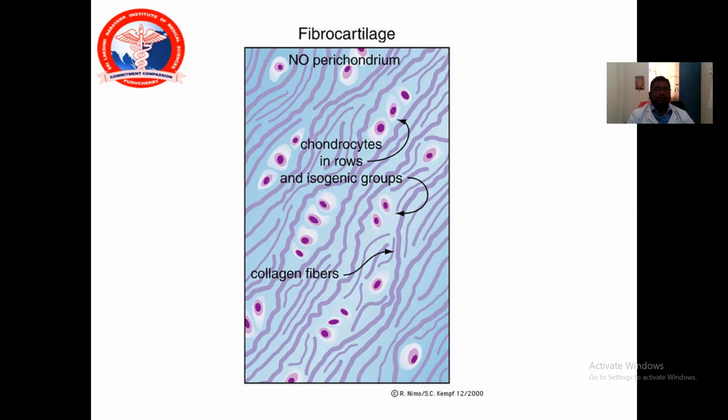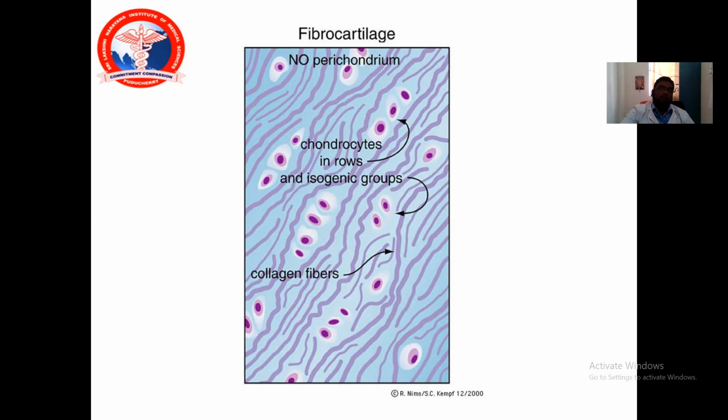Examples for the fibrocartilage are the costal cartilage and the intervertebral disc. So these are the two structures present in the white fibrocartilage.